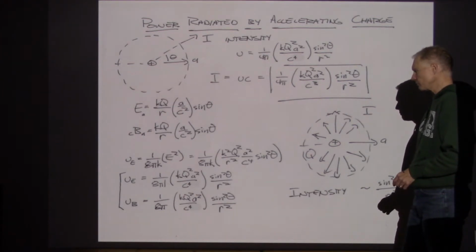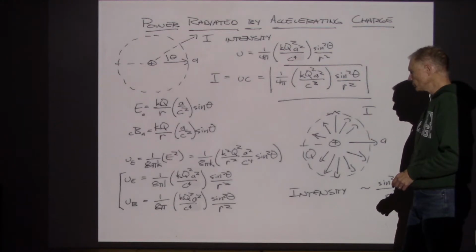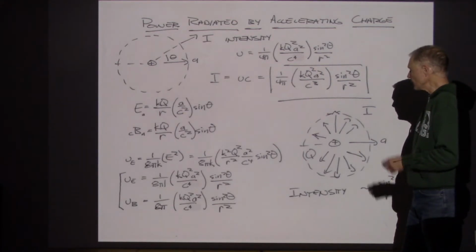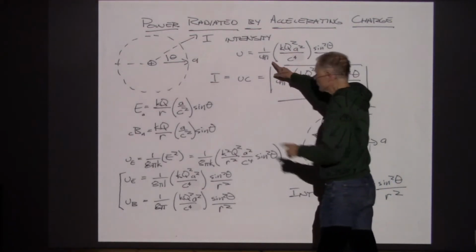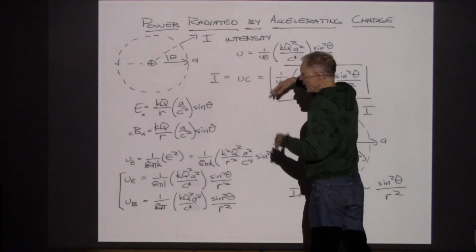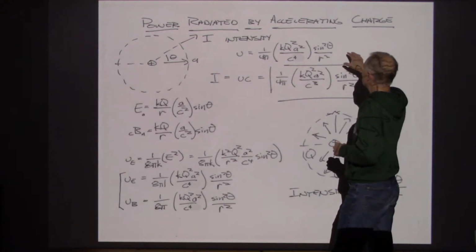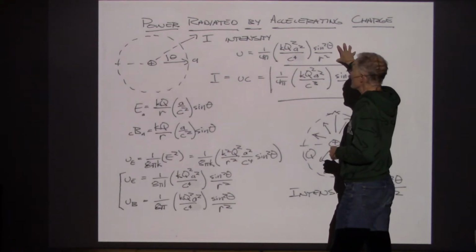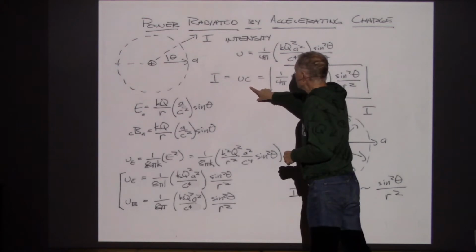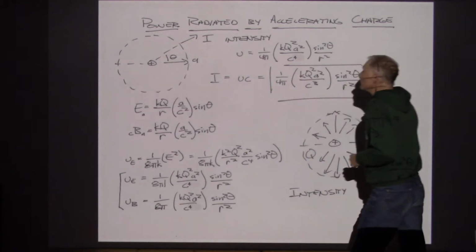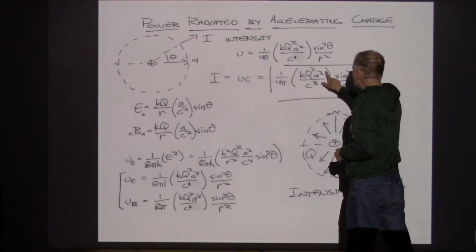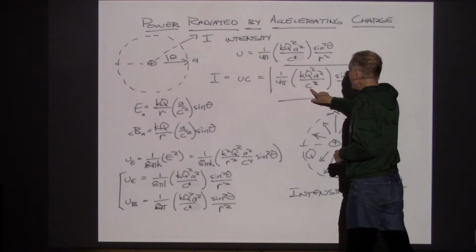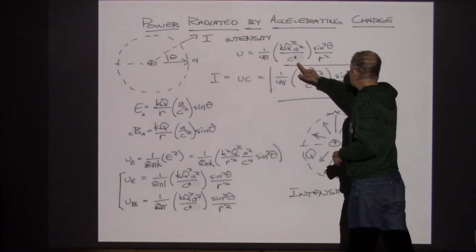I think we got, I'm just checking the factors. If you guys catch any mistakes, definitely let me know, and I'll get those corrected. Okay, so it went from 1 over 8 pi to 1 over 4 pi because we included both contributions. So that says that the intensity, which is U times c, is 1 over 4 pi k q squared a squared over c to the third power, because I multiplied by a factor of c.